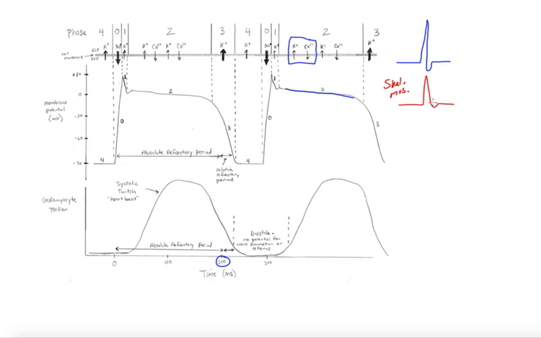Here's the why, right? In skeletal muscle, that action potential, as it is in cardiac muscle, is the stimulus for contraction. But in skeletal muscle, if this purple line is tension, tension is delayed, right?